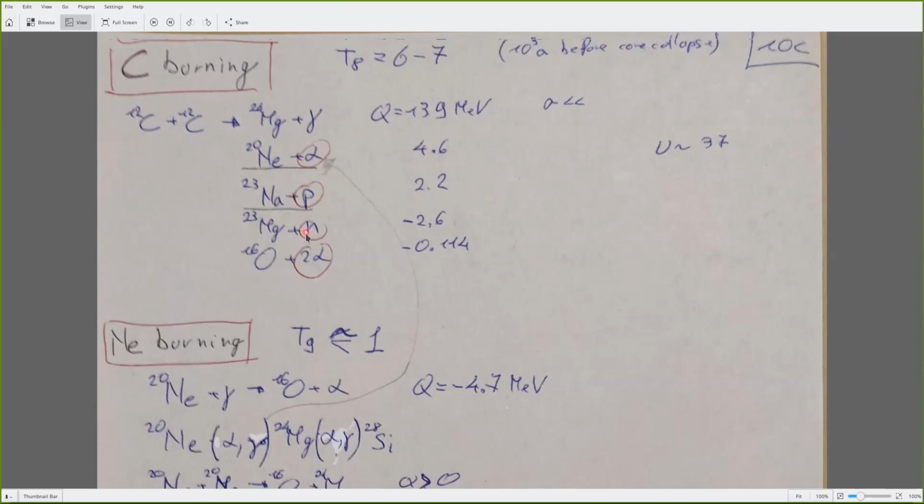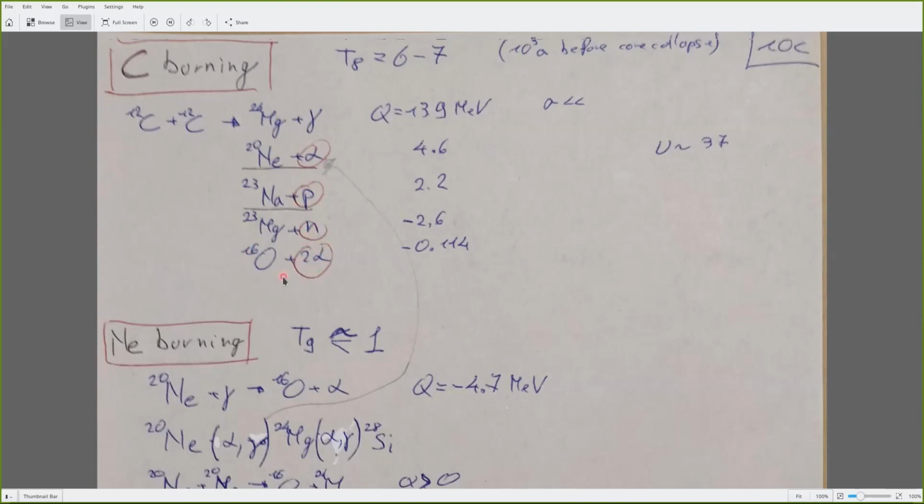The other reaction is also important because you have a production of alpha particle, a proton, which means hydrogen, that can enter other reactions, and neutrons that are important later, as we will see.